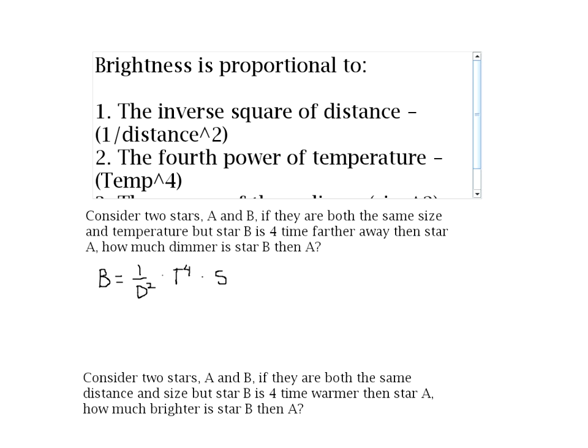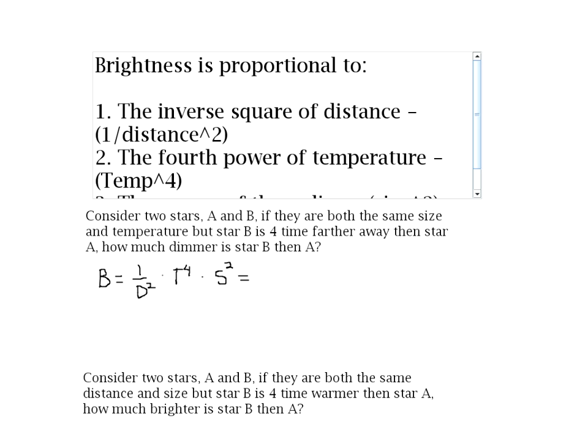Size squared. Now in this case, the temperature and the size are the same for both stars, so one is not bigger than the other. So we'll use 1 for that. Basically, this comes about because we're thinking about ratios here.